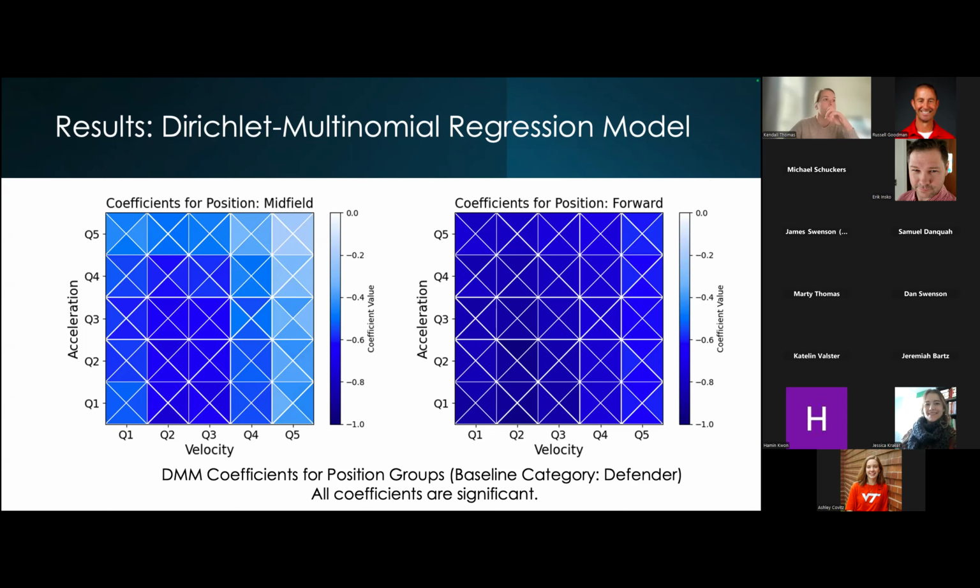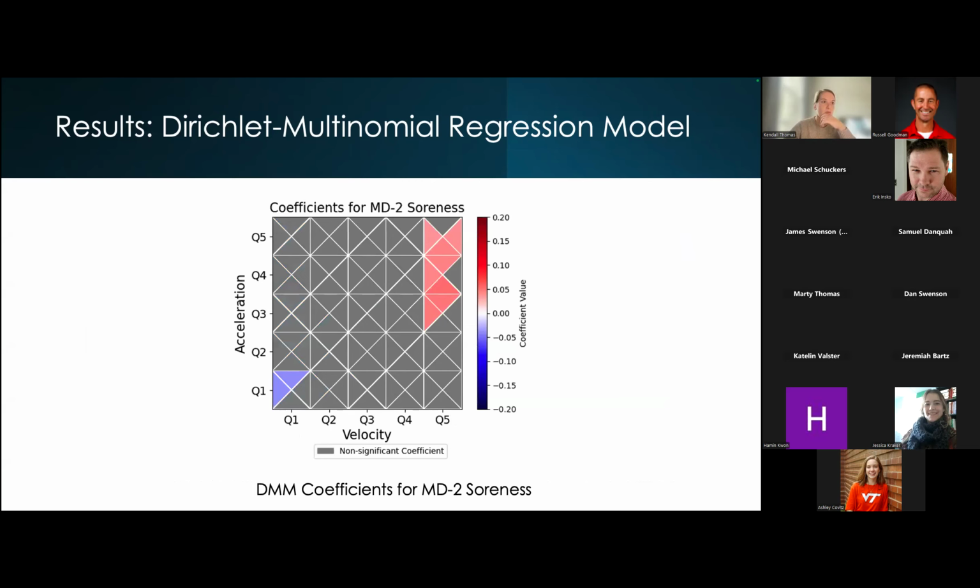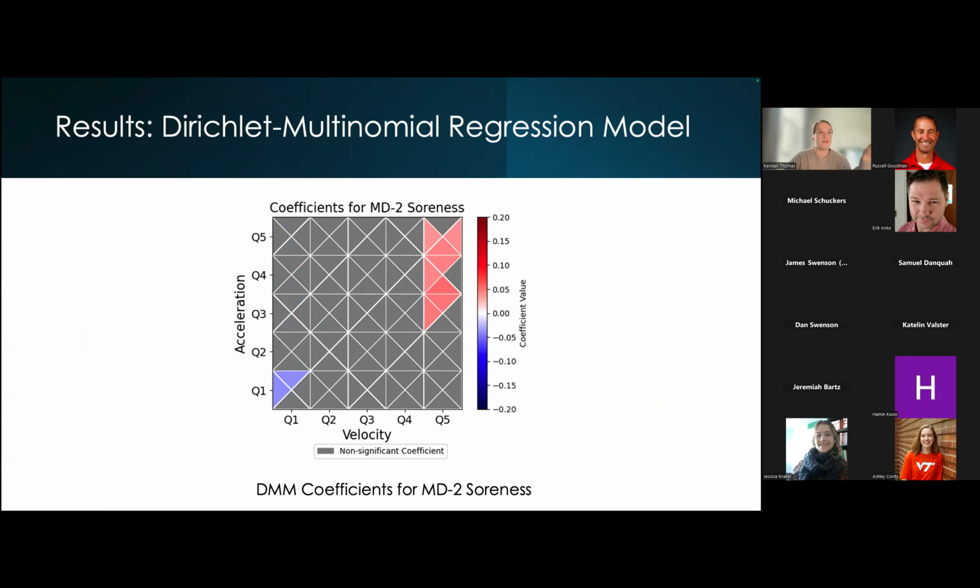And then lastly, which I think is one of the more interesting ones, if you look at the MD-2 soreness coefficients, remember that a positive coefficient means you're not sore, a negative coefficient means you're very sore. So if you were more sore, you're going to spend less time in these higher ones. Because you have a negative score, you're spending less time here, and if you have a positive score, you're spending more time here.